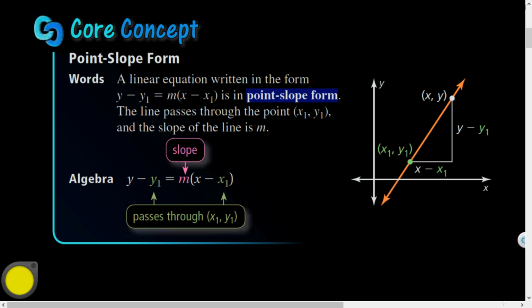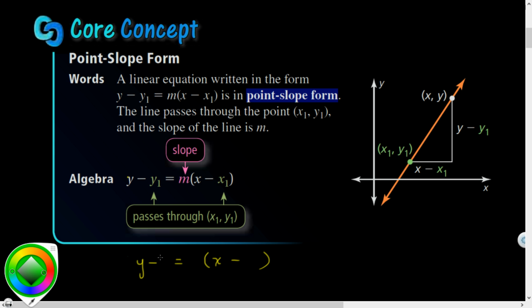Maybe someday I'll derive this for you guys, but right now, we're just going to jump right in. So point slope form is this. Instead of y equals mx plus b, it is y minus y1 equals m parentheses x minus x1.